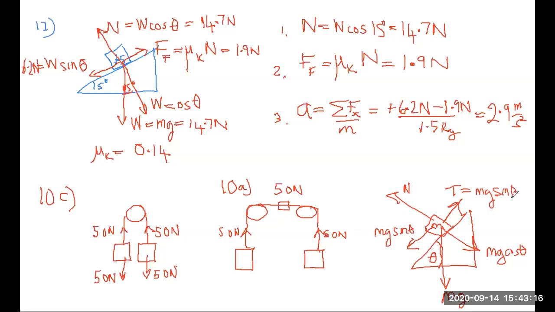The tension that they calculate, you probably have different numbers from me, but I would put in the angle of the incline, whatever it is, and the mass, whatever it is, and that should give you the tension in that particular string. Does that make sense? Yeah. Okay, gotcha. Thank you.